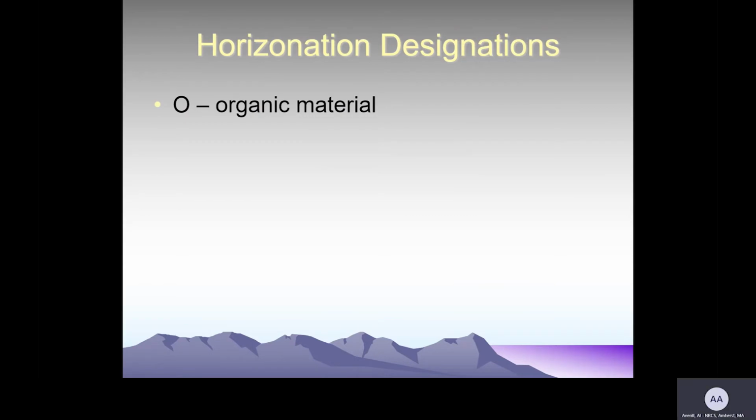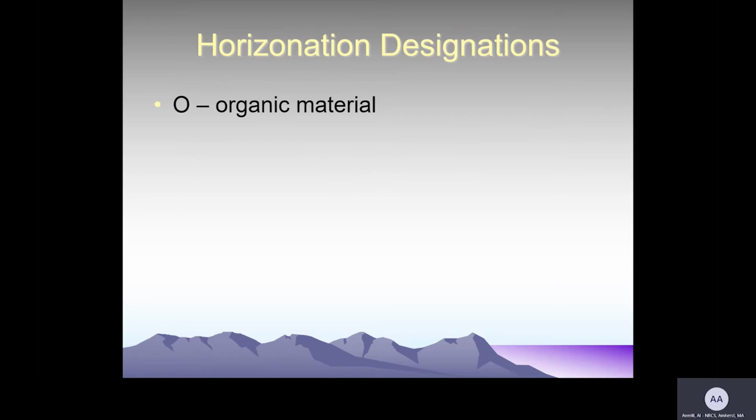So organic matter, right? The O horizon is predominantly organic matter. And again, how do you know it's organic material? At 20% by weight, it is a lot of organic material. If it's not really well decomposed, you may actually see plant fibers in the material.